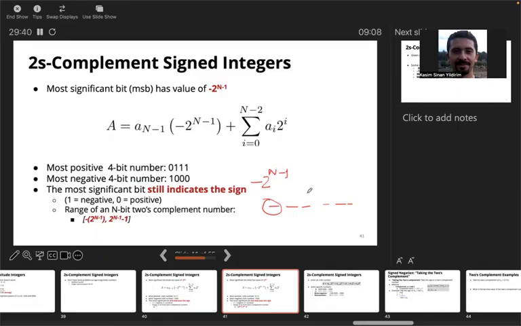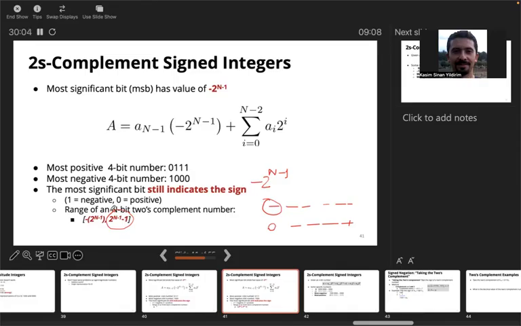So if I fill all the other bits with 0, this will be the largest negative number I can represent. And if I put a 0 in this bit and fill all the rest of the bits with 1, this is the largest positive number I will obtain in this representation.